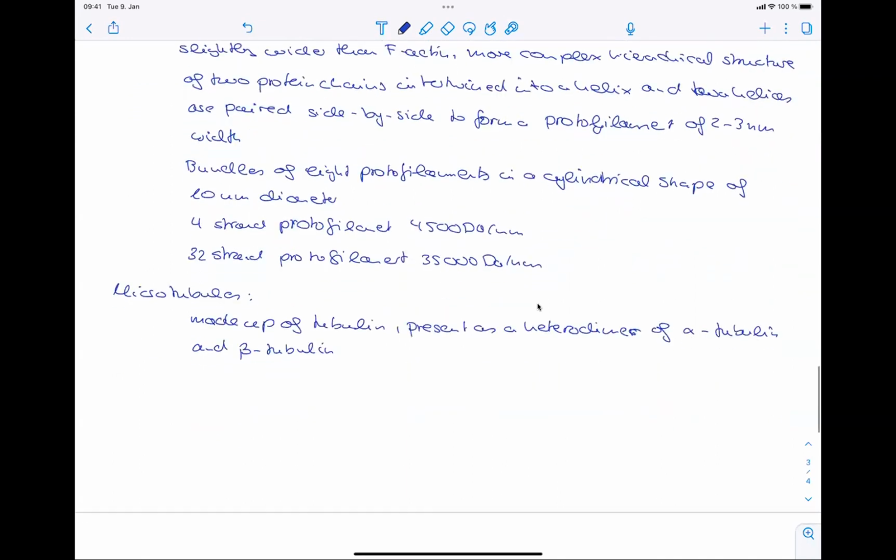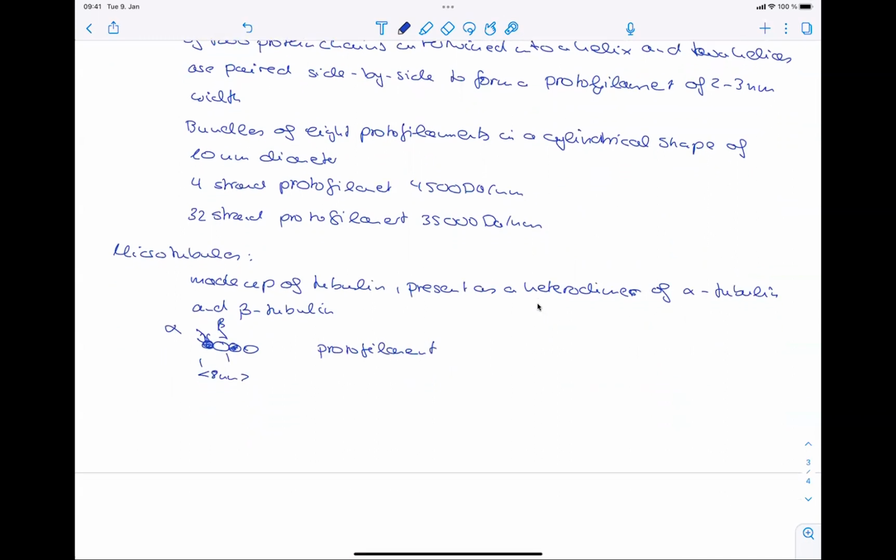And they now assemble into strands like this, where this would be alpha, and this would be beta, and so on. And then they form, again, protofilaments. And this would be then 8 nanometers. And they really now form into like a hollow cylinder of 13, sometimes 14 protofilaments.